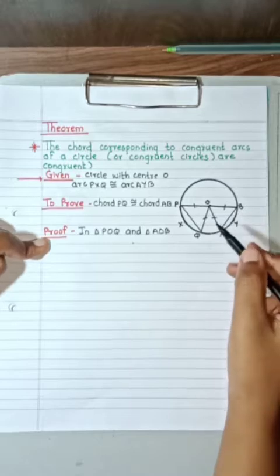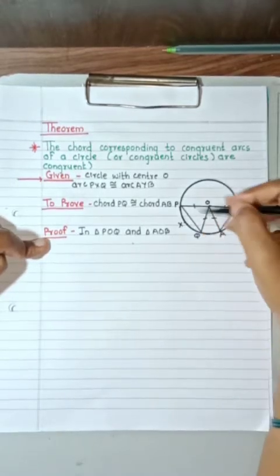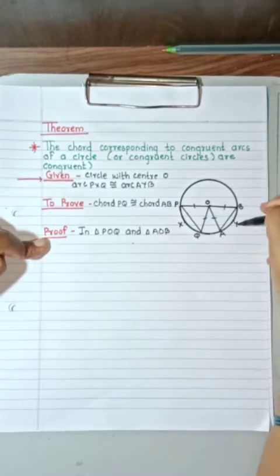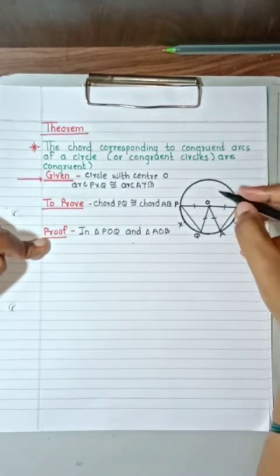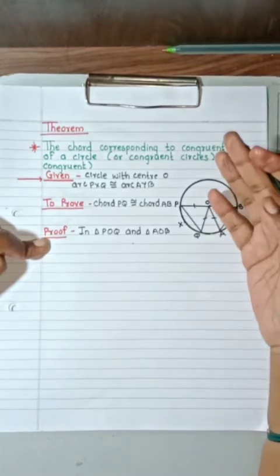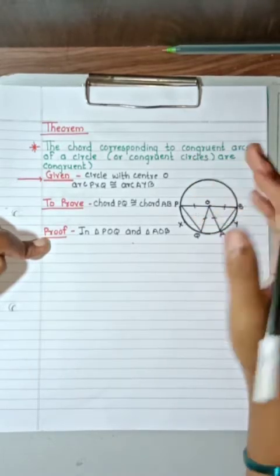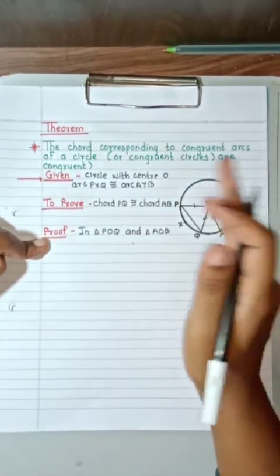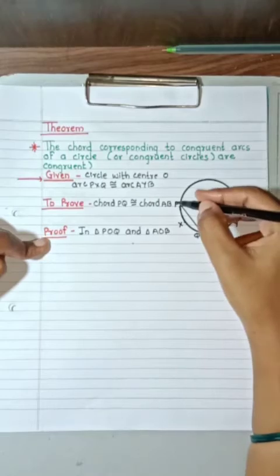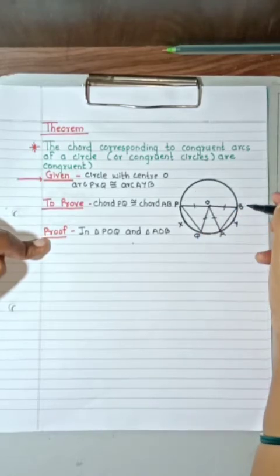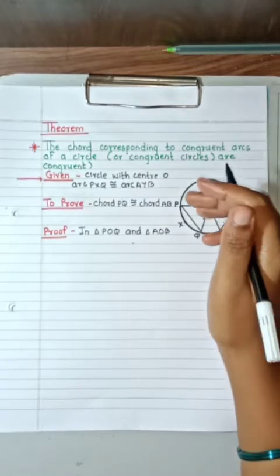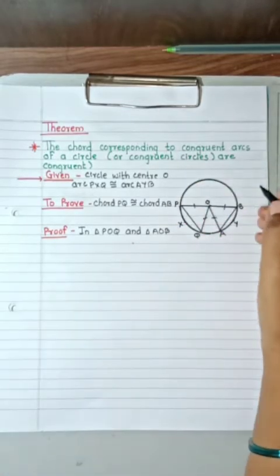Why are they congruent? As arc PXQ is congruent to arc AYB. You also know that OQ is congruent to OB, again the radii of the same circle. Therefore, by SAS test, you can say that both the triangles are congruent. And as both the triangles are congruent, you can say that this PQ is congruent to AB by corresponding sides of congruent triangles. Now we'll write it down.